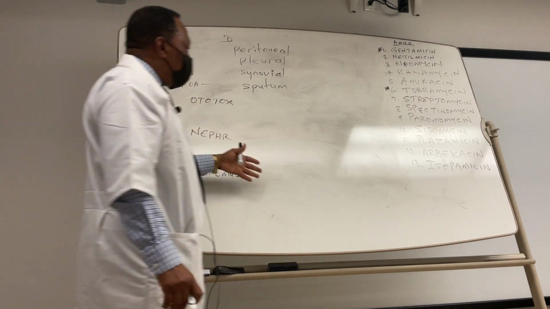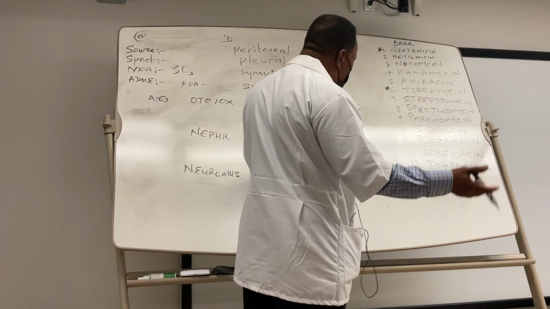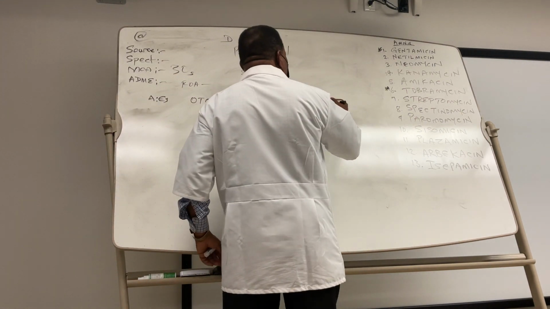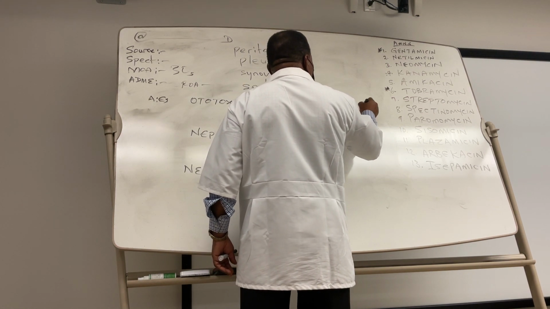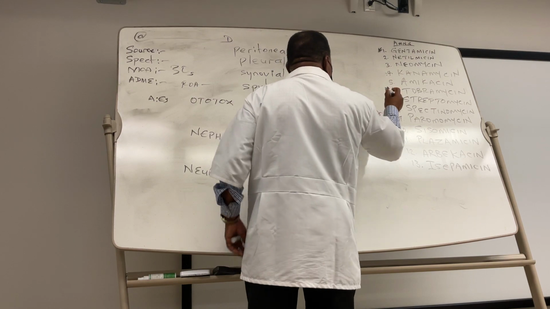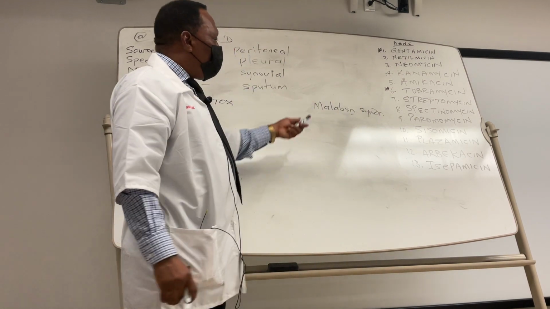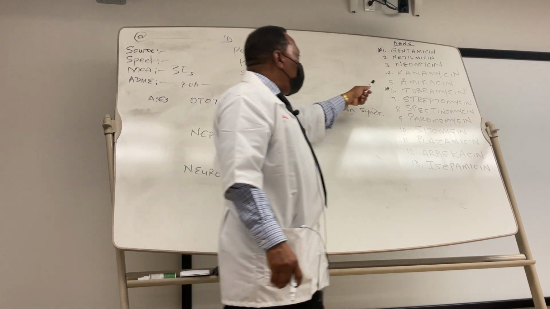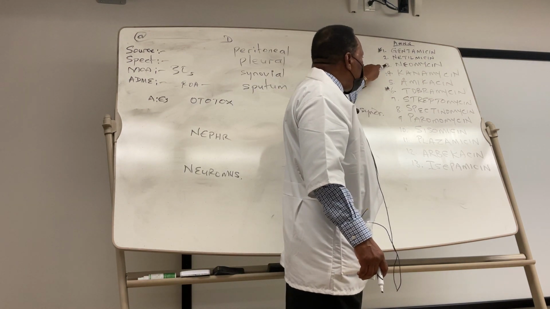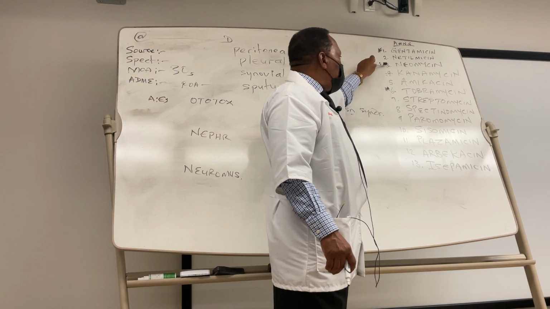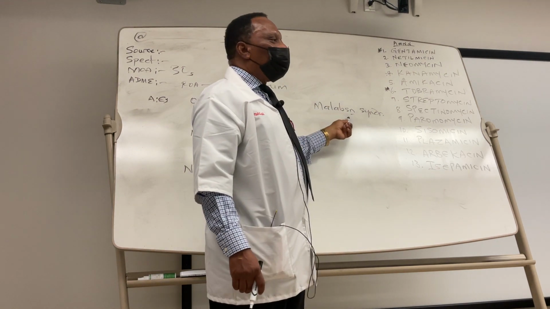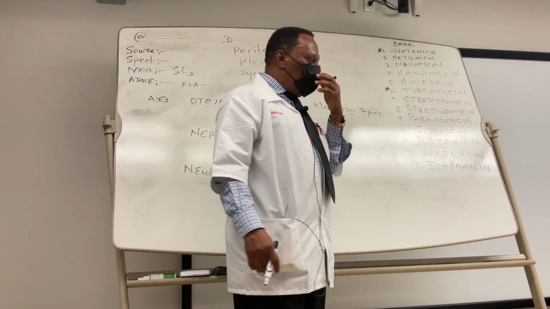So we'll come back to those three, but there are other adverse effects that you can see. For instance, malabsorption syndrome. You see that mainly with neomycin. This is number 3. So neomycin is the aminoglycoside that is most likely to give you malabsorption syndrome.